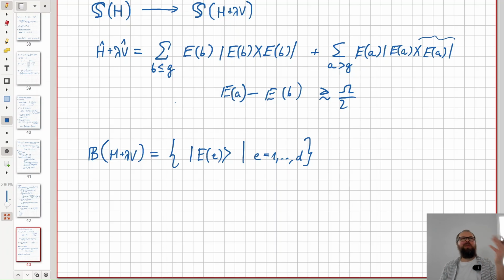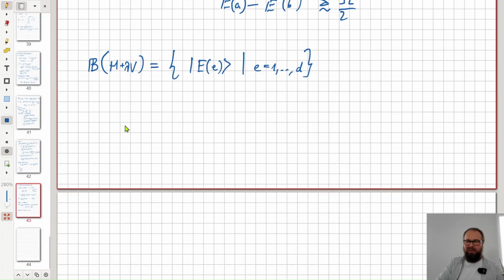Yes. So in particular, our original eigenvectors are connected to those eigenvectors which we do not know yet via some unitary transformation. So we can write it down as a basis transformation.